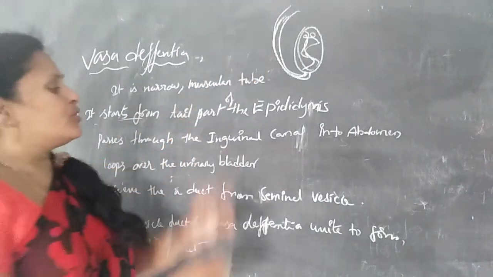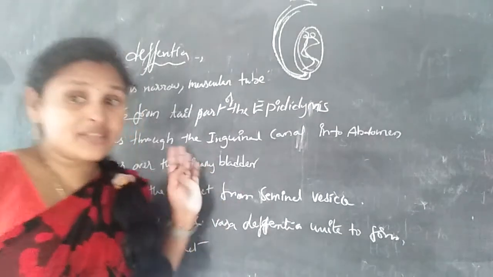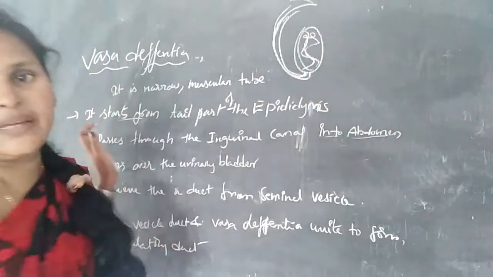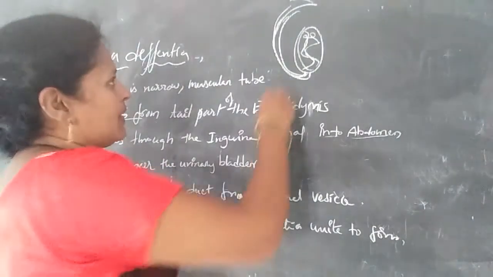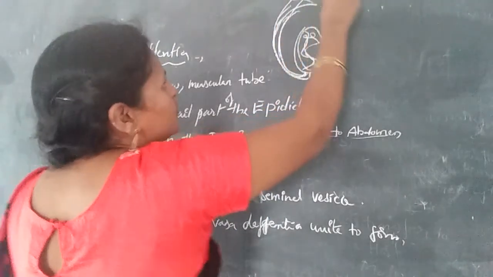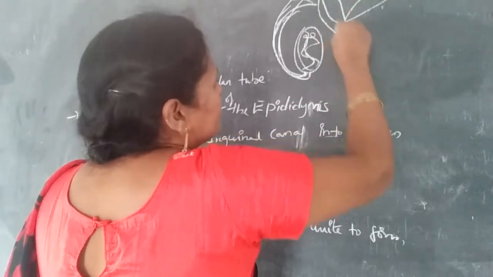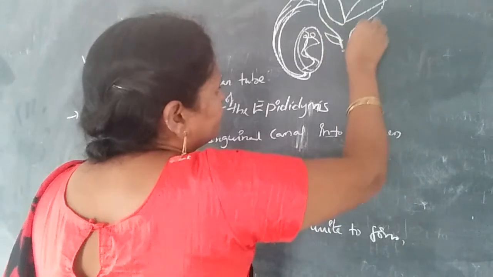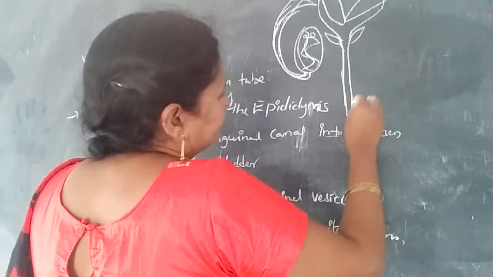It passes through the inguinal canal into the abdomen and loops over the urinary bladder. This is the urinary bladder, and this is the urethra.